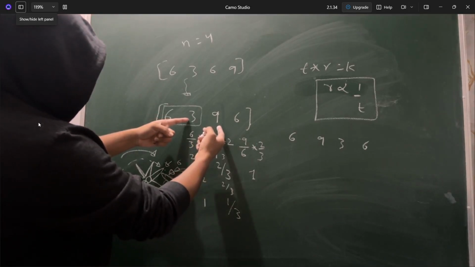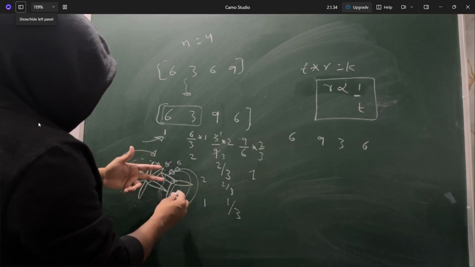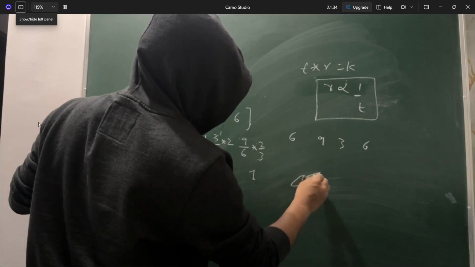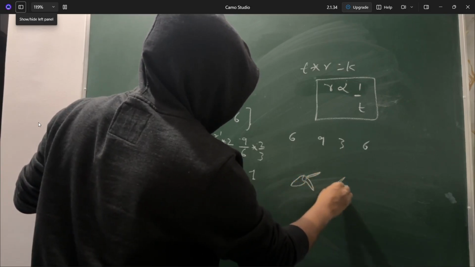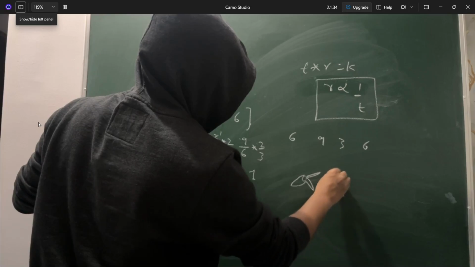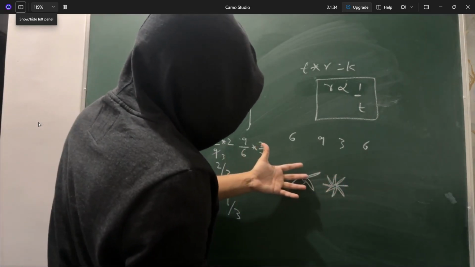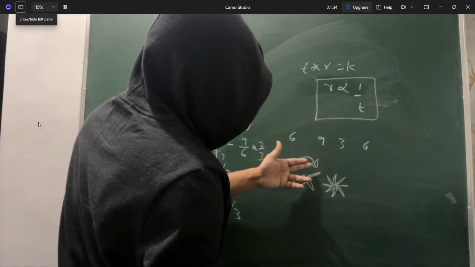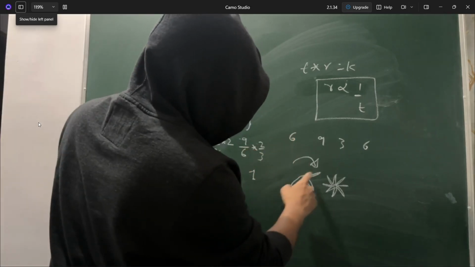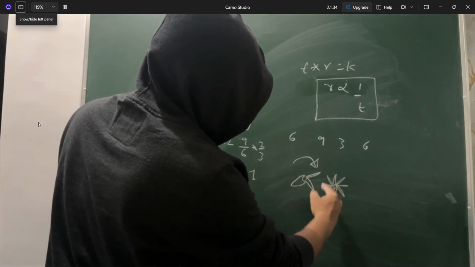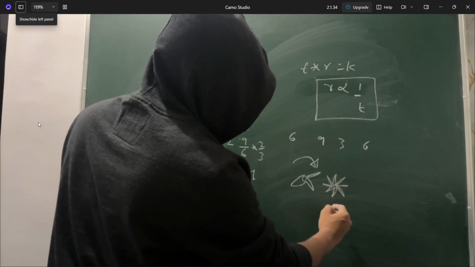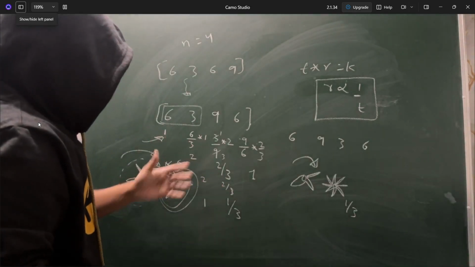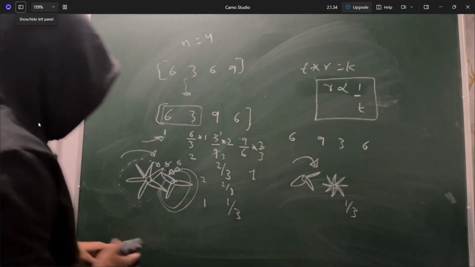So these two have only 3 teeth, and here you have 9 teeth: 1 2 3 4 5 6 7 8 9. If this rotates one time, it will cover 3 teeth of this, which means this has 9 teeth, so it will only revolve 1/3 of a rotation. So that is the meaning of these things, right?